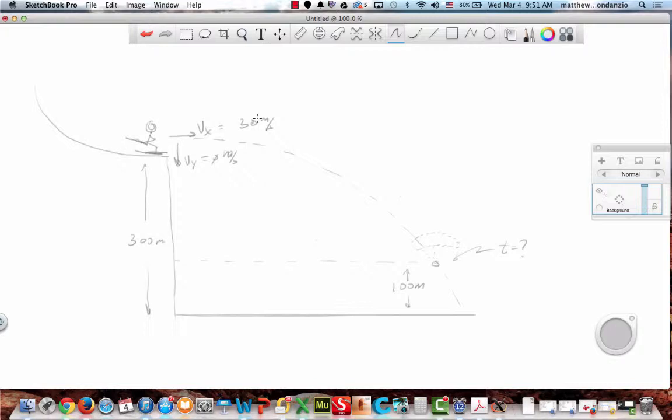Well, let's think about that. If it's not constant, what does that mean? It means that his velocity is either increasing or decreasing. Assuming no air resistance, is there anything stopping his horizontal motion? Anything increasing it?